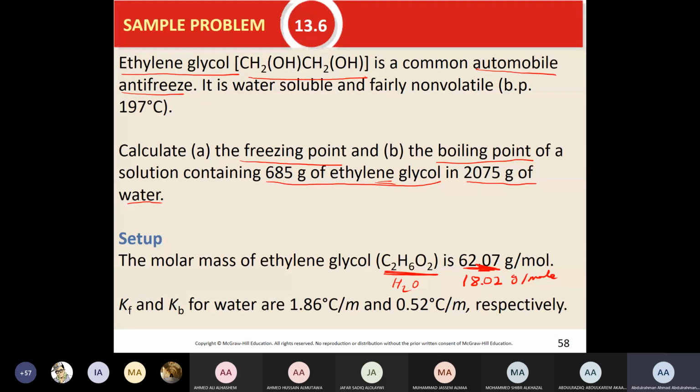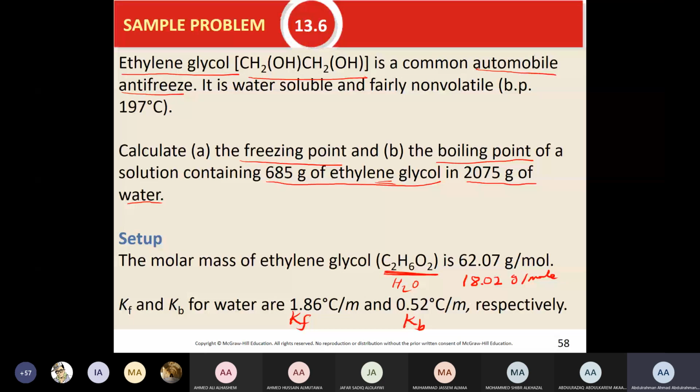Is this clear? I'm also going to give you KF and KB. This is KF for water, and this is KB for water. Clear?